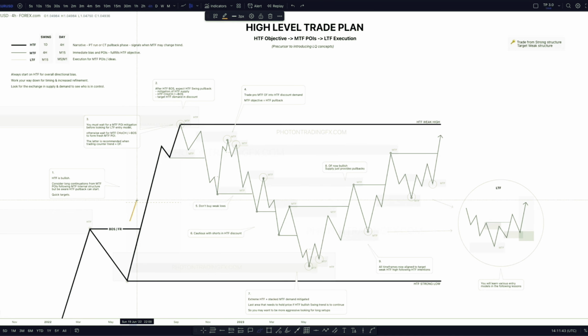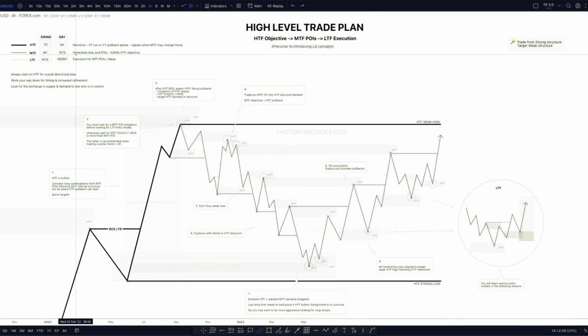So we know if we're sitting on our medium time frame, and we're following the bullish structure on our medium time frame, and we can look to buy these, we have to expect that any time our higher time frame reaches a higher time frame supply, our mid time frame is probably going to change trend to do what? To facilitate the higher time frame pullback, right? So that's why the higher time frame will signal when our medium time frame may change trend, okay?